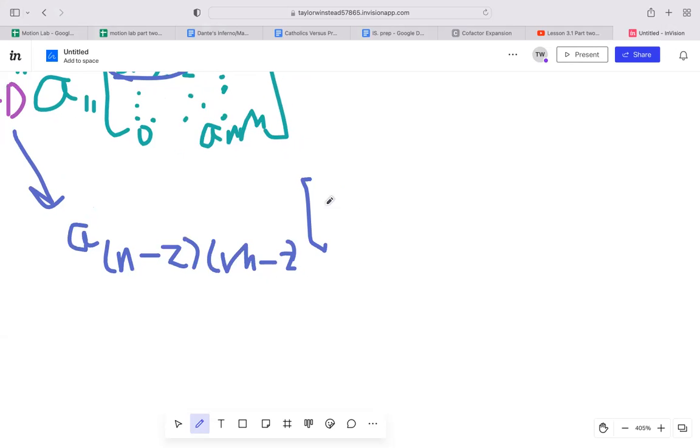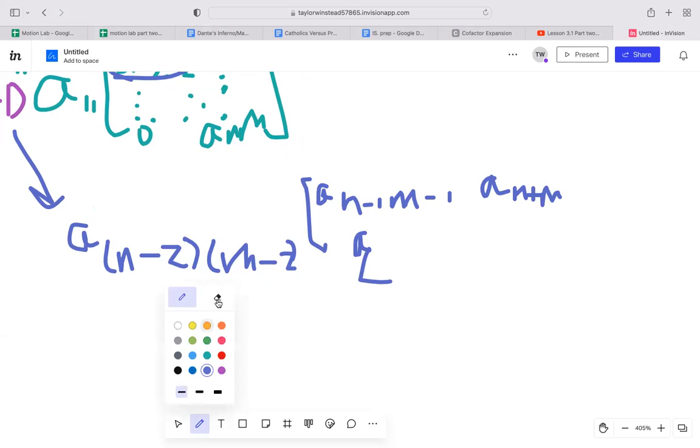With the matrix of A(n-1)(m-1), A(n)(m-1), 0, and A(n)(m).